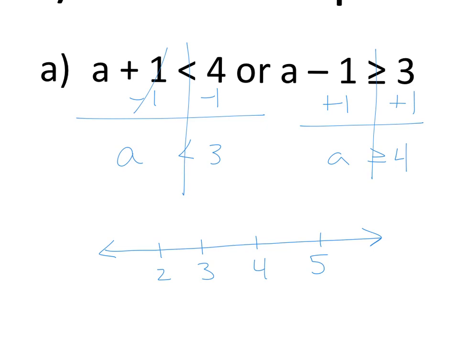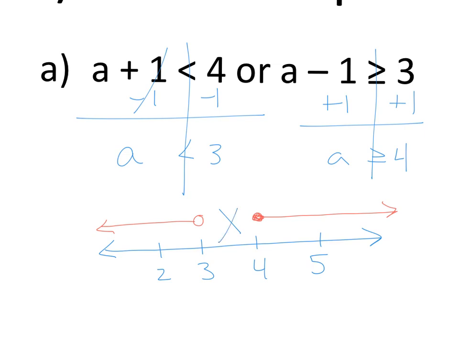At 3, I've got an open circle heading out this way. On this one, I have a closed circle at 4 heading out this way. This is what a normal or statement should look like. There's no overlapping. It's just what's got marking on it, so everything from 4 up and everything from 3 down. In the middle area there are no answers, because there's no marking.